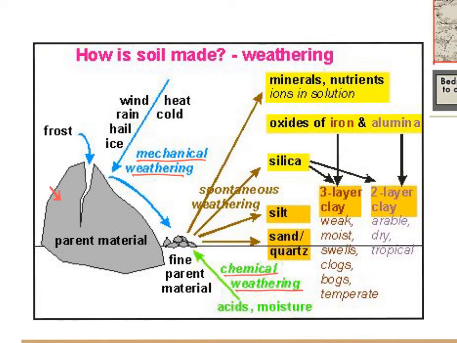The mechanical and chemical weathering of that parent material is going to release minerals and nutrients that are important for soil formation, and also particles like silt, sand, quartz, etc. So the silica, the minerals, the nutrients, and then the actual particles themselves, the silt and the sand, are important components of the end soil.